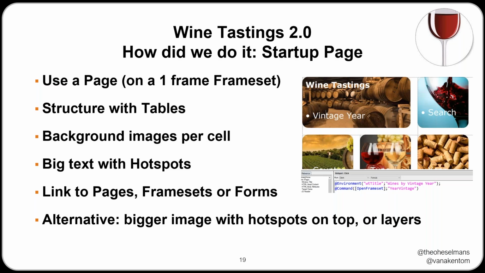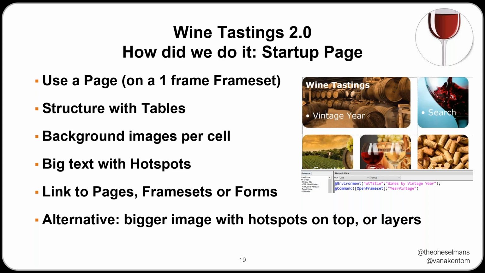So how did we do it? On the first page, we have seen that we got these huge buttons. It's nothing but a table in my case. There are multiple solutions, of course, but I just used the table and put some background images on it. On top of those background images, in the cell itself, I put some text, and I made the text clickable, just a hotspot. In the hotspot, I just say, save the title of what I clicked in the environment WT title, and then I open up a frameset which is called year vintage, and that's it.